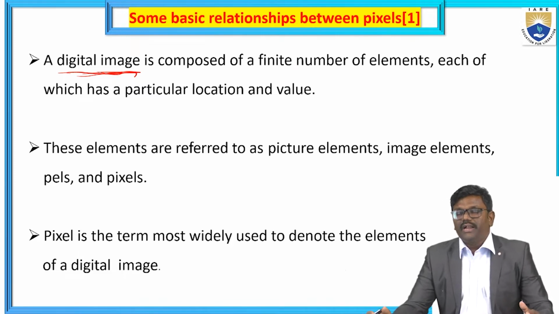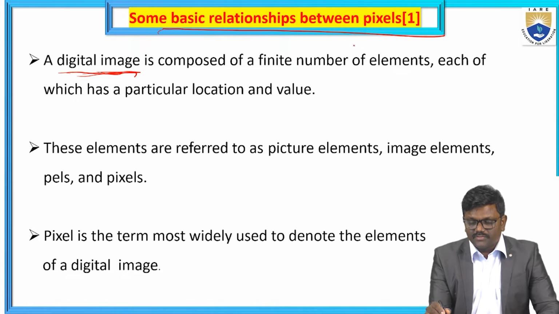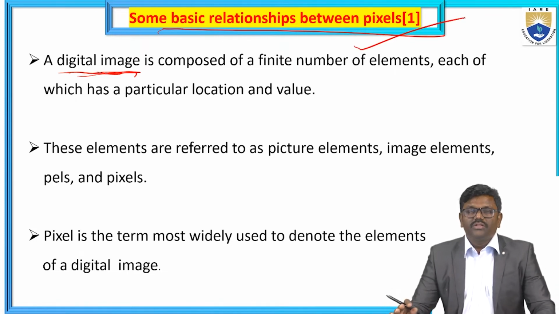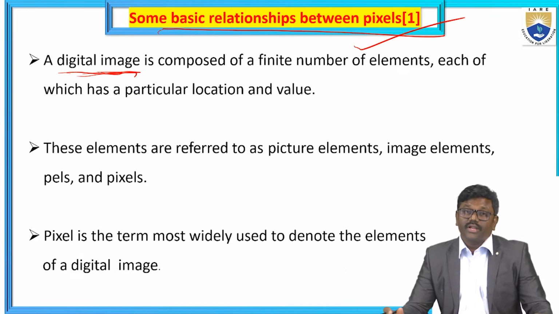To call an image a digital image, we have to understand the basic relationships between pixels. Once we understand these basic pixels, only then can we convert an image into a digital image.